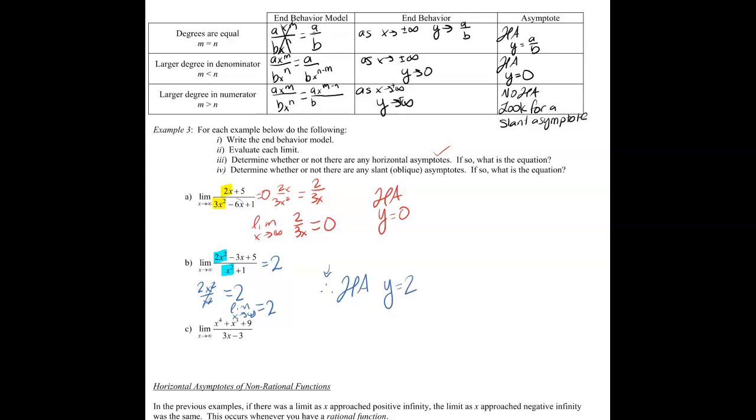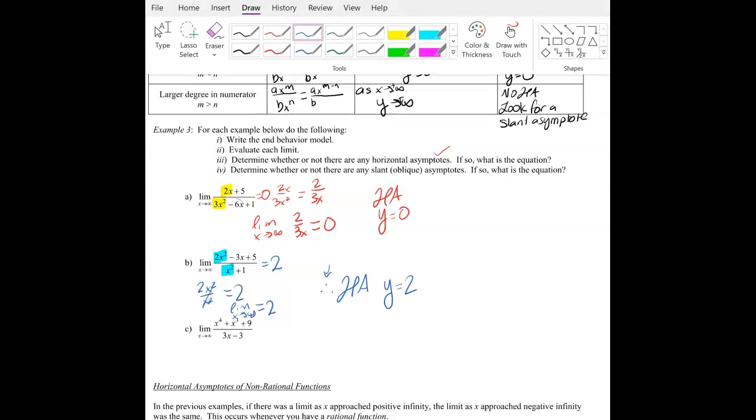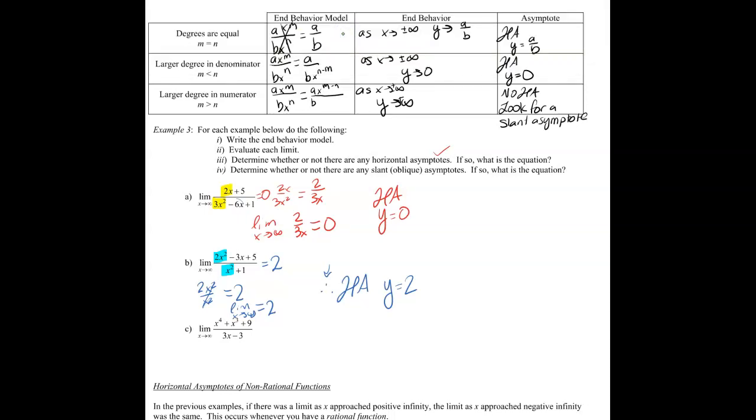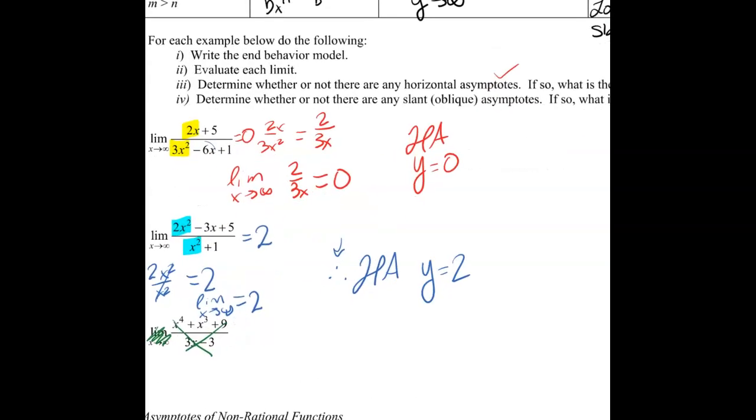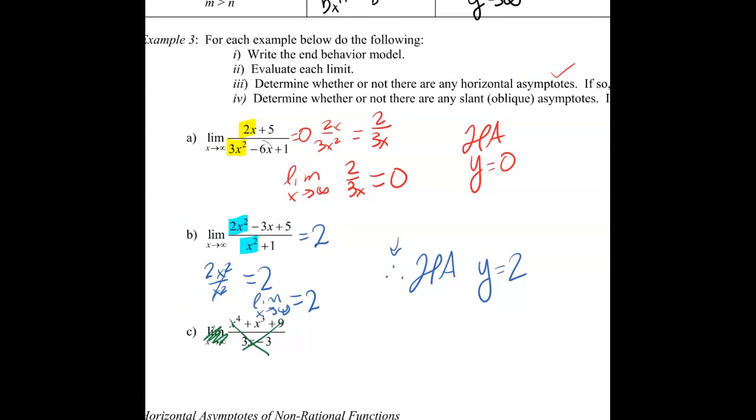Nice. Alright. And then finally on C, I actually had to look back at this one, and he ended up changing it because it became gross. Let's just do the same thing. So let's try this being x squared plus x plus 9 all over 3x minus 3.